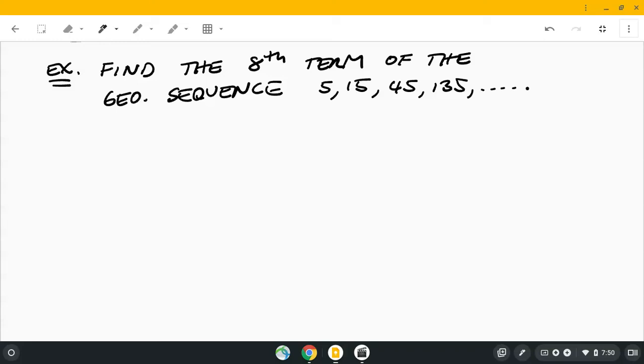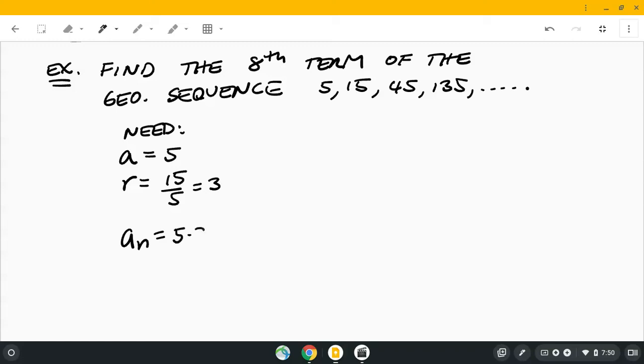In order to find that formula, we need the first term and we need R. A is 5, R is 15 divided by 5, and that would be 3. And so our nth term is 5 times 3 to the n minus 1.